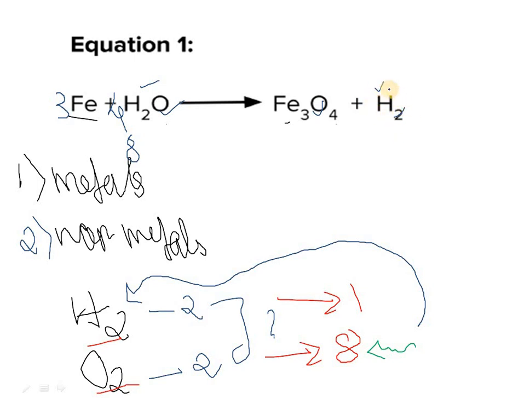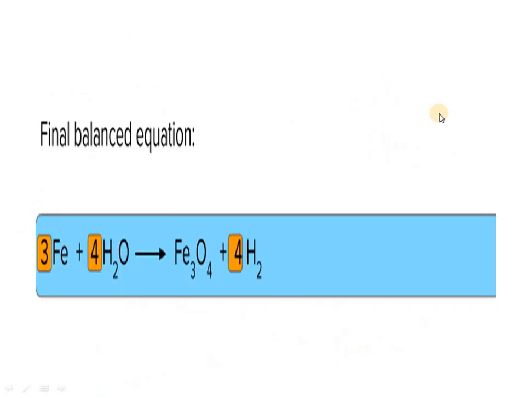In order to balance the hydrogen in the product side, we have to multiply 2 into something so that we get 8. It should be 4. So I will multiply this hydrogen with 4 in order to balance this equation. Hence the final balanced equation is 3Fe plus 4H2O gives Fe3O4 plus 4H2.